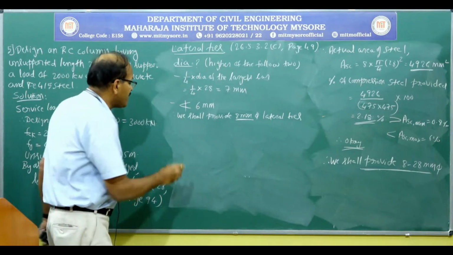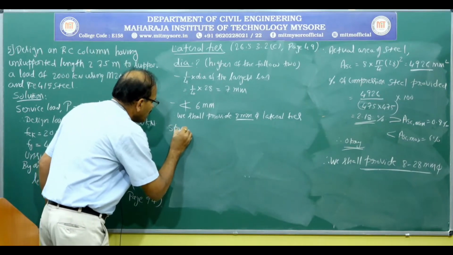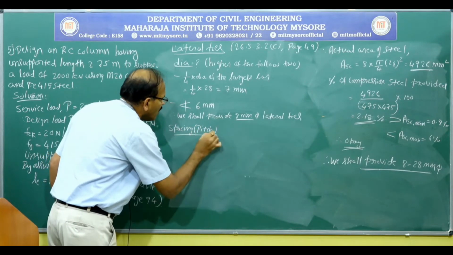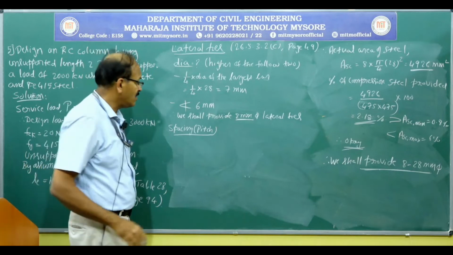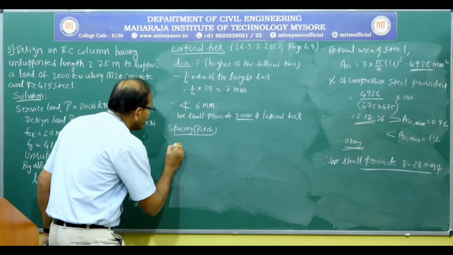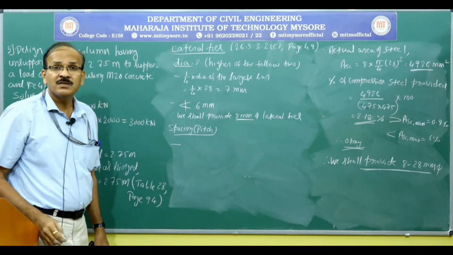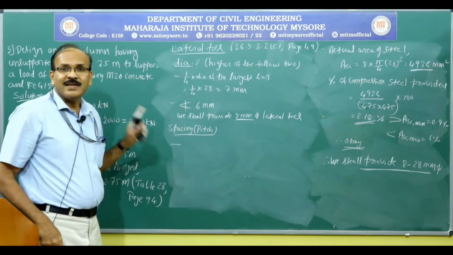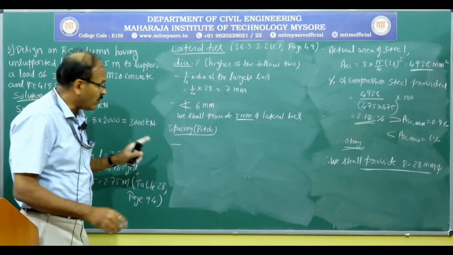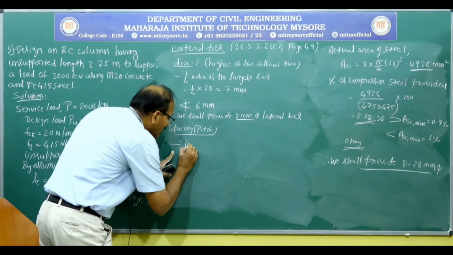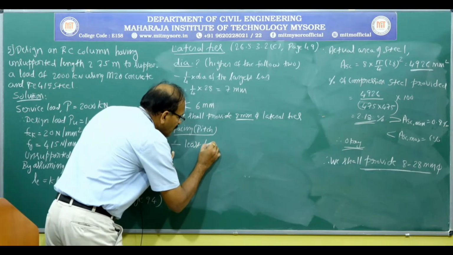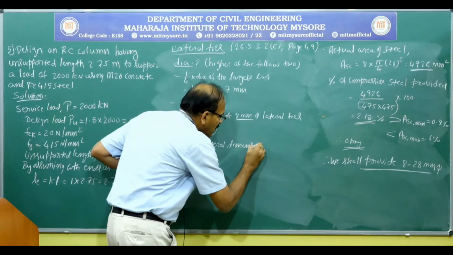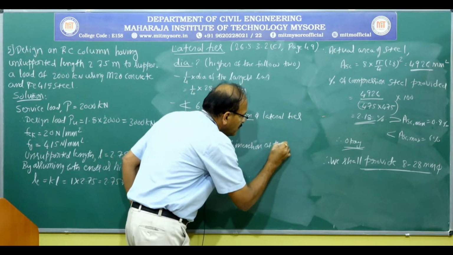Next comes the pitch or the spacing, that is the pitch of the lateral ties. The code says the pitch should not be greater than the following three. One is the least lateral dimension of the column.